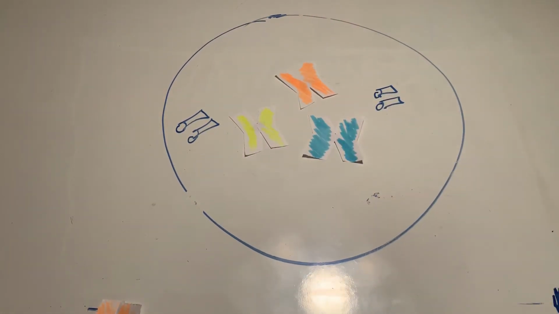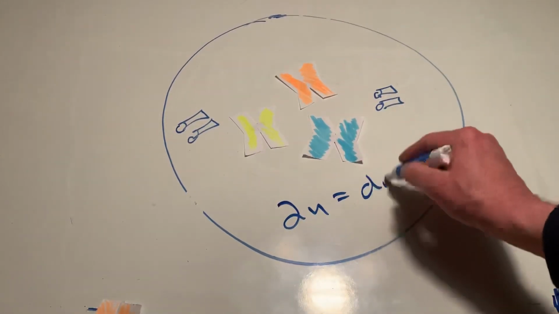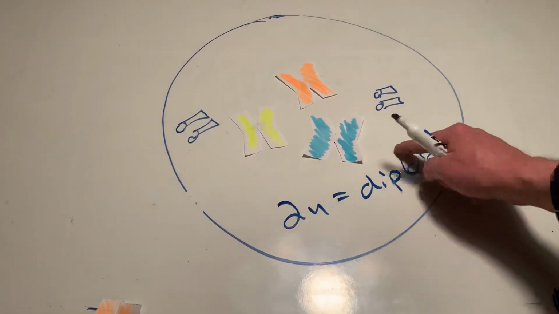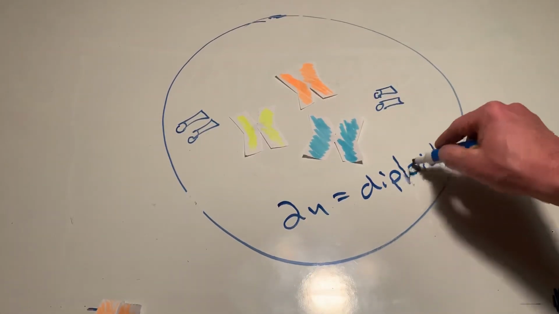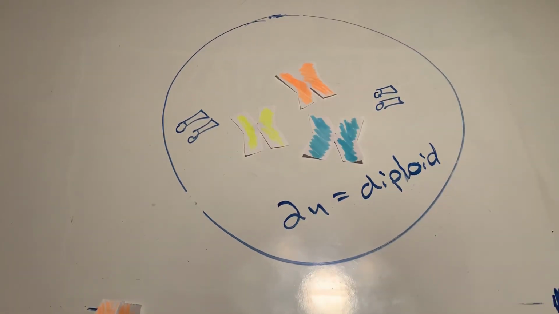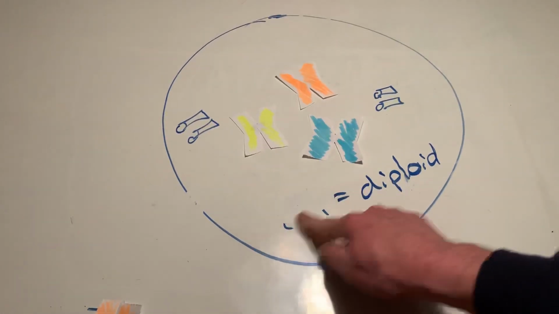It's a very simple critter here. When you have a regular number of chromosomes for a body cell, it's called 2N or diploid. Some people say diploid. I say diploid. And that's every cell in your body is diploid except for your sex cells, which we'll get into tomorrow when I talk about meiosis.